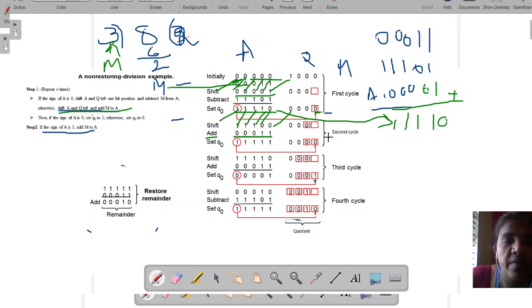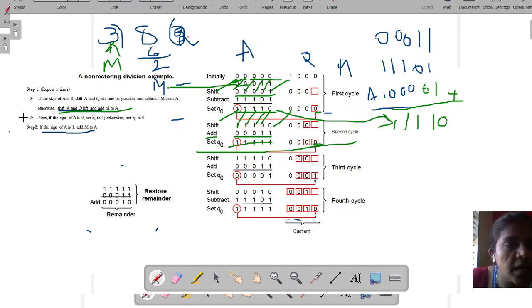M is nothing but the divisor. What is the result you got? The result of the addition is all ones. Here set Q naught to 0, and after shifting you had one blank position, which is filled with 0 since it is negative. This finishes cycle 2.